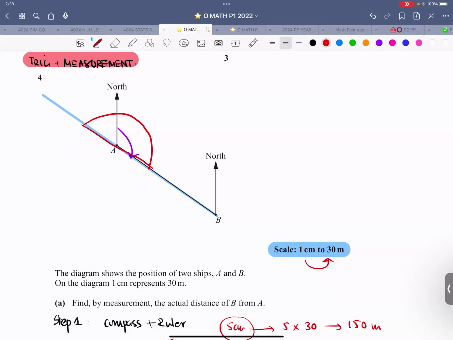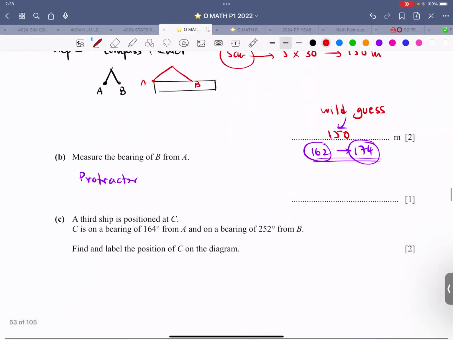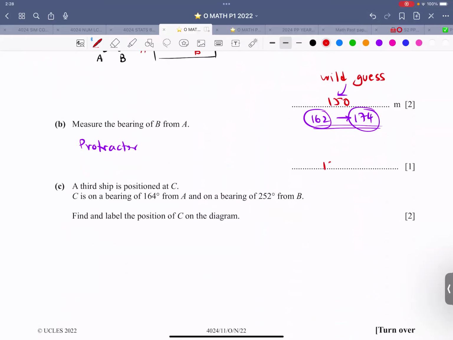So now it depends on what is the angle that is being made. So let's say this angle, I think it's just a wild guess, 130 degrees. Again, this is a wild guess that I have taken because I cannot use a protractor also. And the answer that is given by the examiner is 123 to 127 degrees.